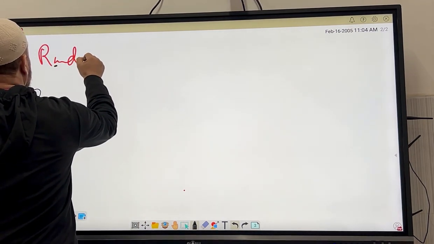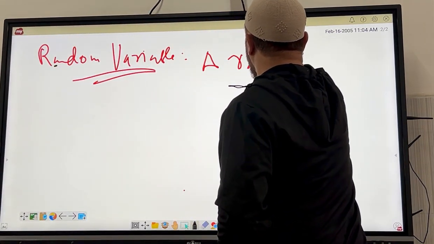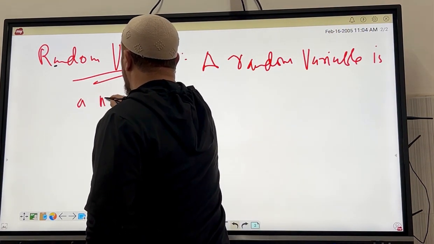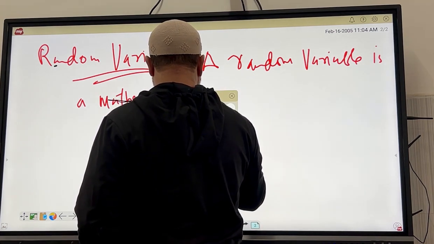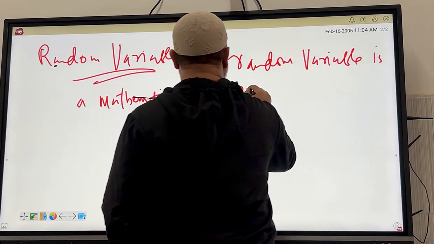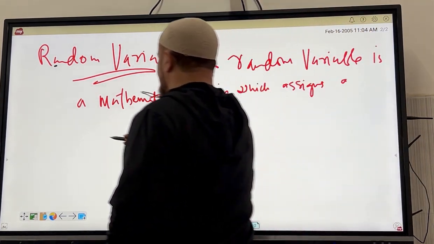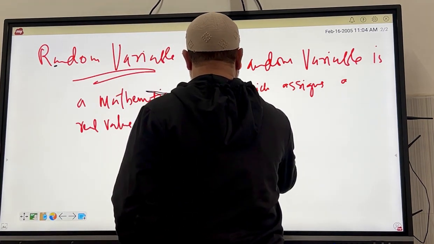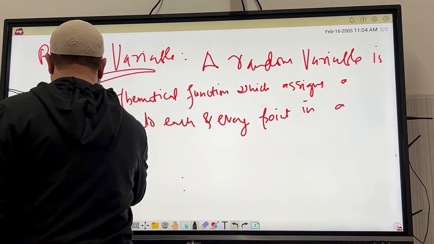You write: a random variable is a mathematical function which assigns a real value to each and every point in a sample space.